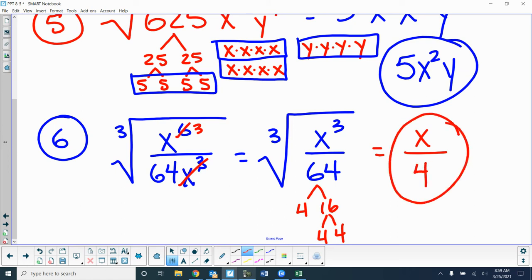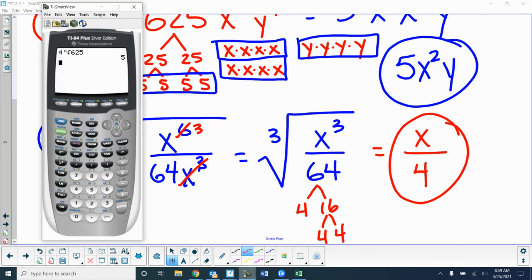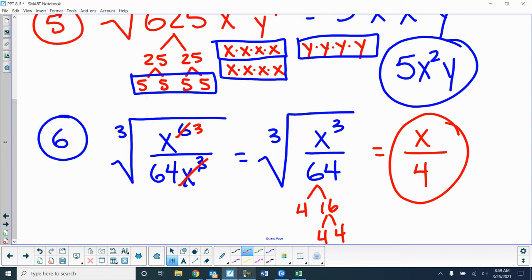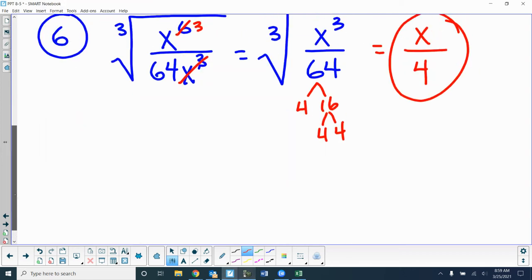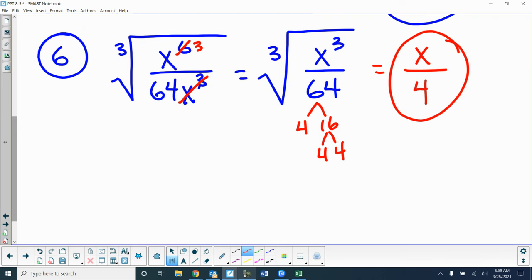Or again, you can go to math, cube root is number 4, and just put 64, and you get your 4. Does that one make sense?